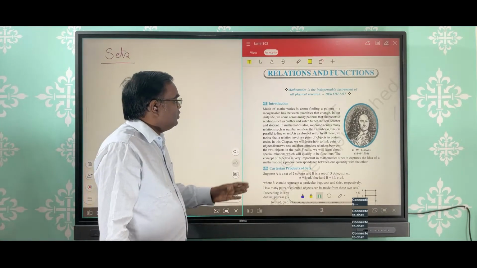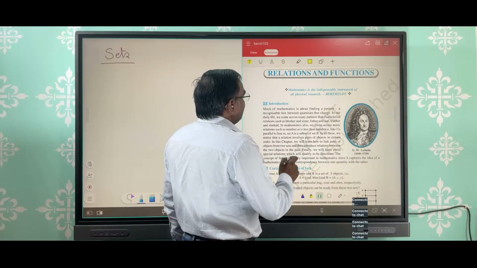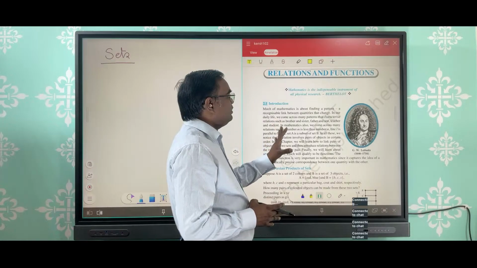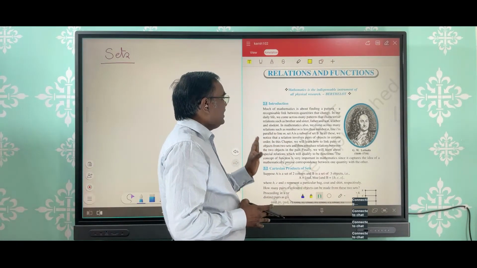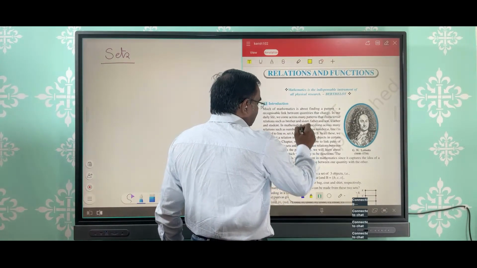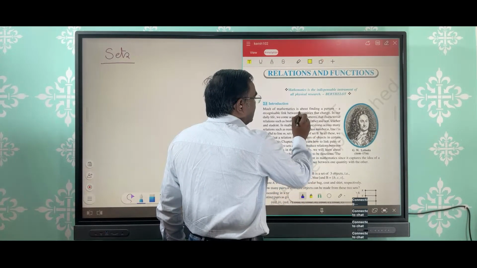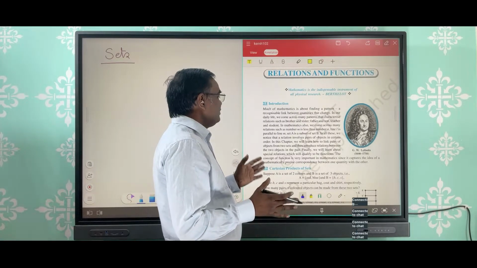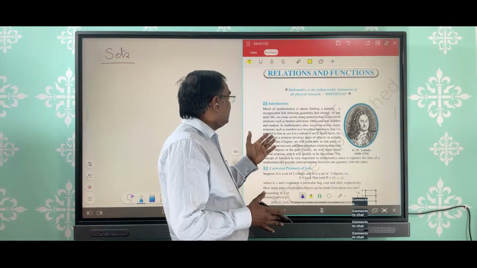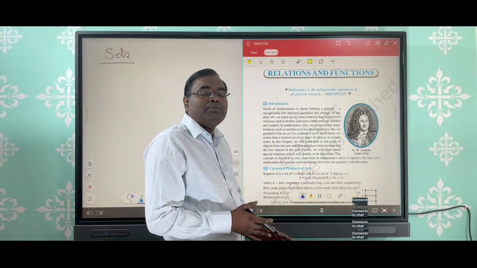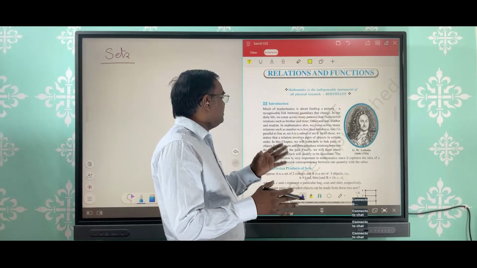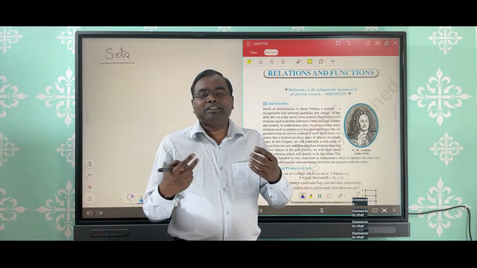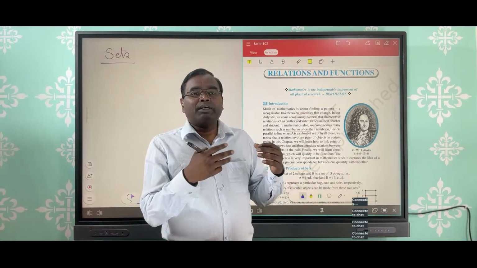So let us begin with some text. Much of mathematics is about finding a pattern, the recognizable link between quantities that change. In our daily life, we come across many patterns that characterize relations such as brother-sister, father-son, mother-daughter, teacher-student. Similarly, in mathematics we come across many relations such as a number being less than a particular number, greater than a particular number, and so on.